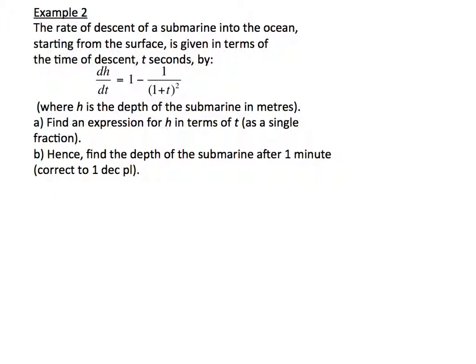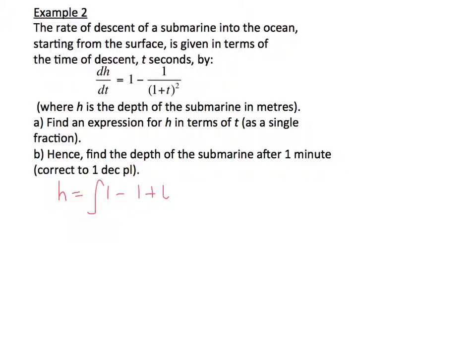To find h in terms of t, because we're given the first derivative, we need to integrate that to find an expression for h. So let's integrate. Our expression is going to be h equals the integral of 1 minus. Now we might use our index laws.